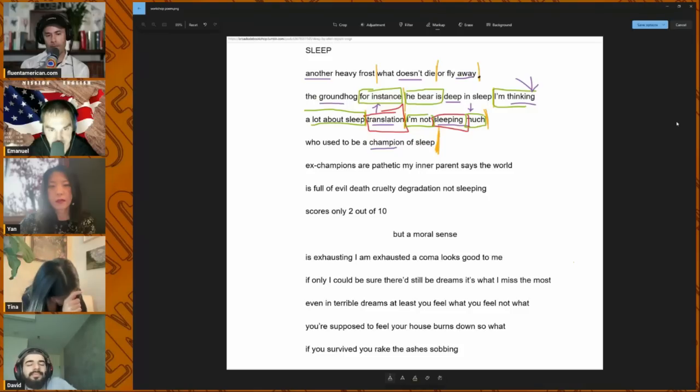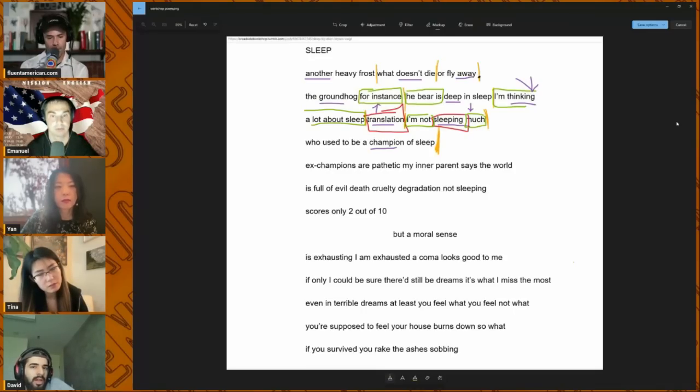I think a lot about sleep. Translation, I'm not sleeping much. I don't think you exaggerated as much that time. I think a lot about sleep. Translation, I'm not sleeping much. What do you guys think of that? Better. You like that more? A little more. Starting to become a little bit more expressive, right?